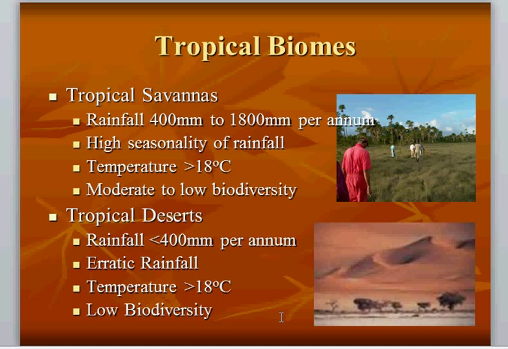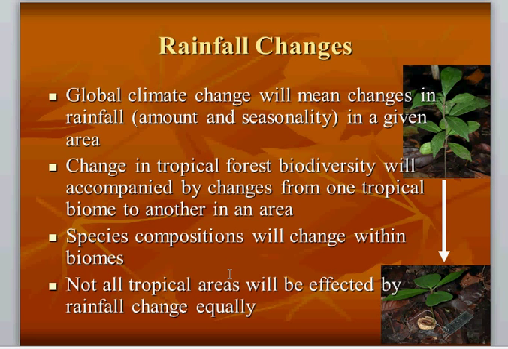So the main changes with global climate change, in the tropics anyway, will be changes in rainfall. Global climate change will mean changes in rainfall amount and seasonality in a given area. That means that tropical rainforest biodiversity will quite often be accompanied by changes from one tropical biome to another. Okay?